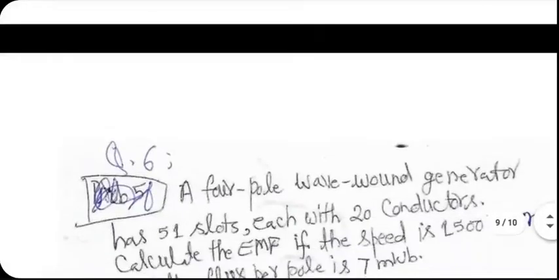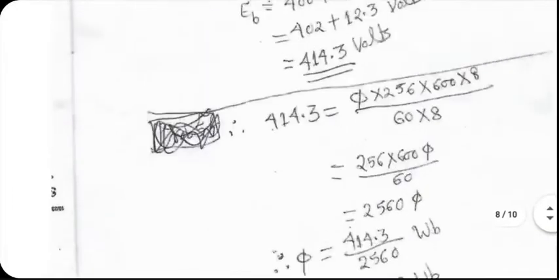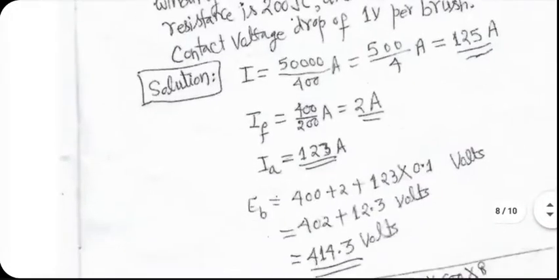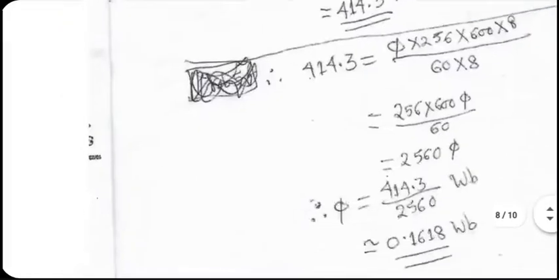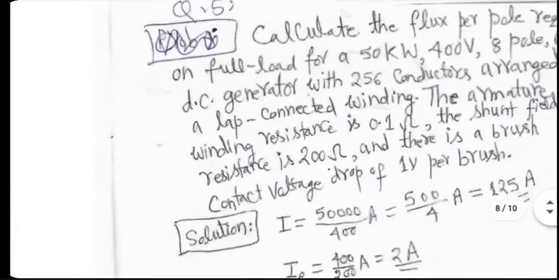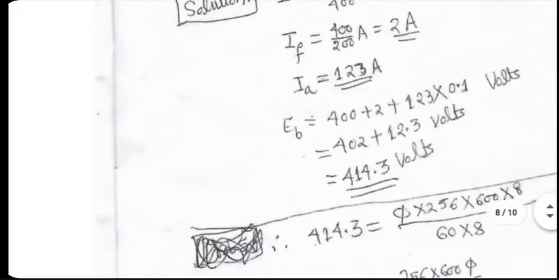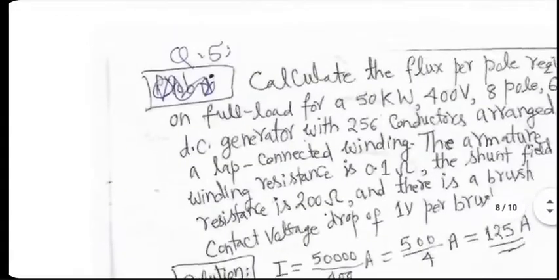In part B, although it is not solved here, this additional 2 volt will come into picture. I'll solve part B also when I send you the document. So whatever result you got in part A for EB will change by 2 volt in the upward direction to get the new EB. And from there you will calculate phi again. Okay. So question 5 numbers are wrong, but philosophy is similar to what we did in the previous problem.